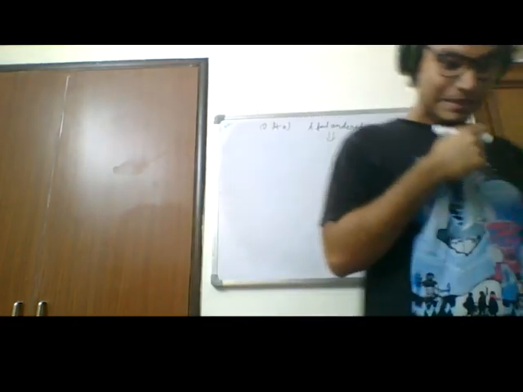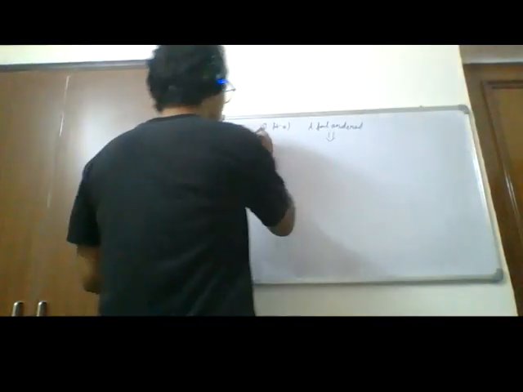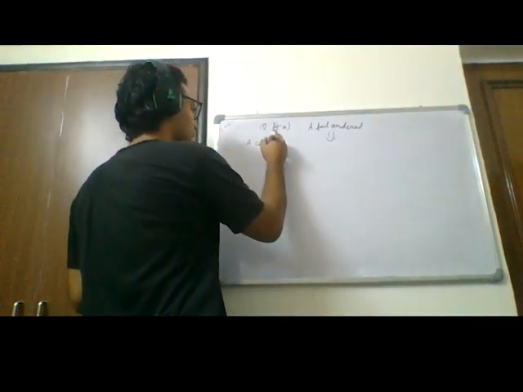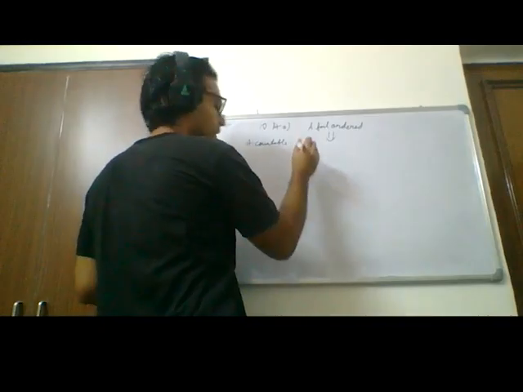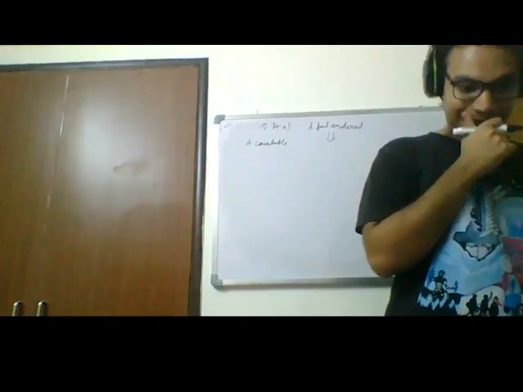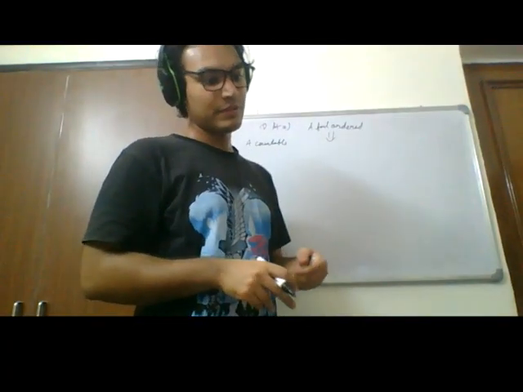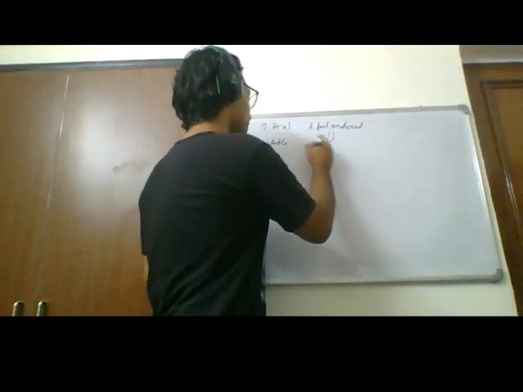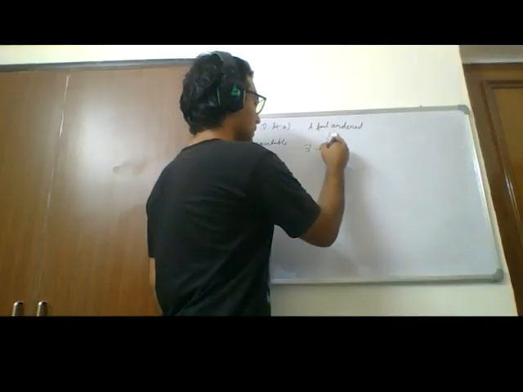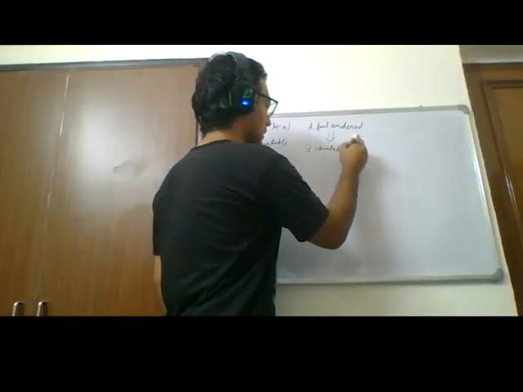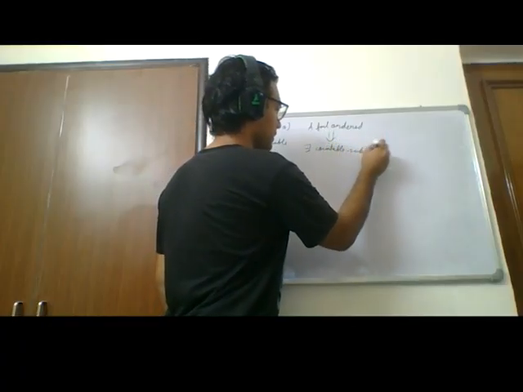Well, A is given to be countable. So every countable subset of A is well ordered. So there exists a countable subset that fails to be well ordered.